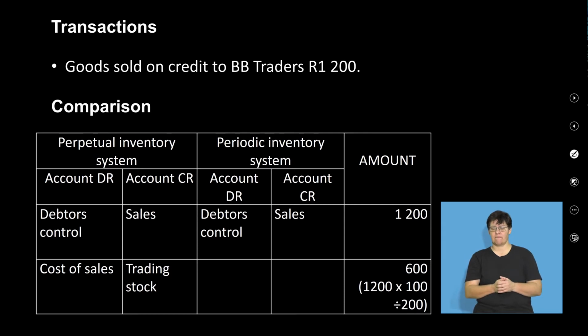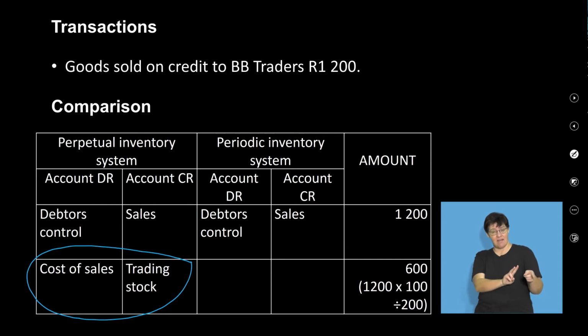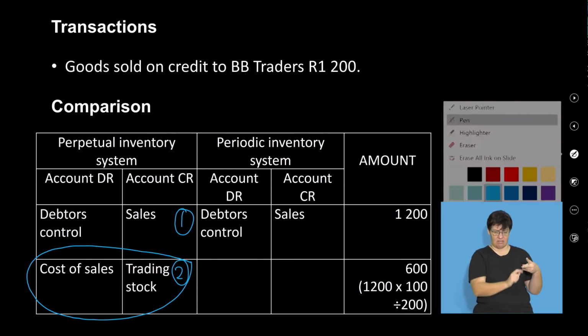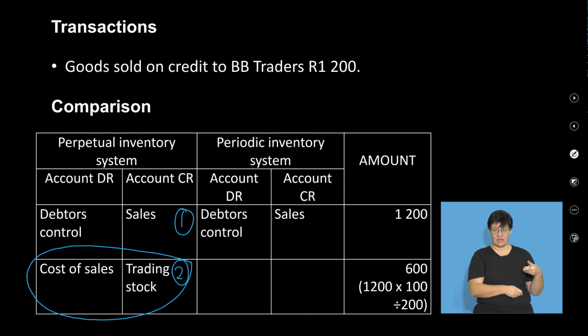If you do your comparison here, right? And on this slide here, I've done something unique for you just to show you that when you're dealing with a sale, notice with the perpetual inventory system, there are two transactions, one with the selling price, one with the cost of sale, right? Whereas when you're dealing with the periodic inventory system, there's only one transaction with the selling price.